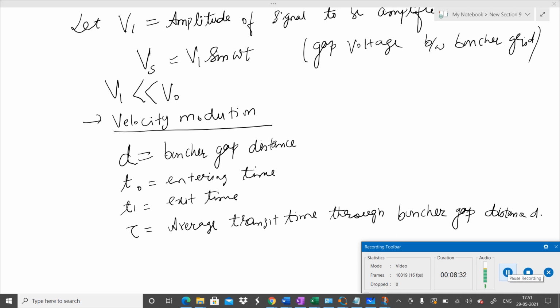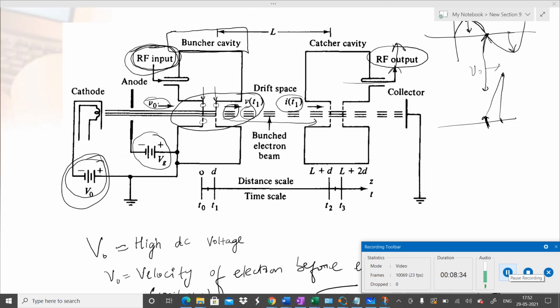Here is this d, the gap between the puncture grids. You can see we have two scales, a distance scale and a time scale. T0 is the time when the electron enters the puncture cavity, and T1 is the time when it leaves.